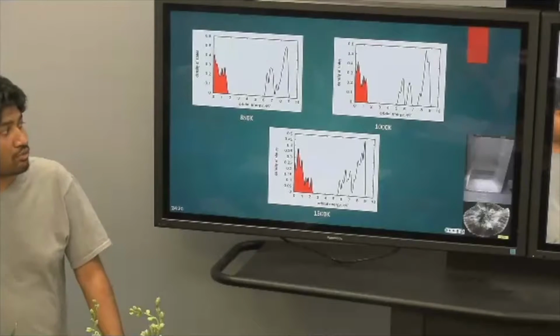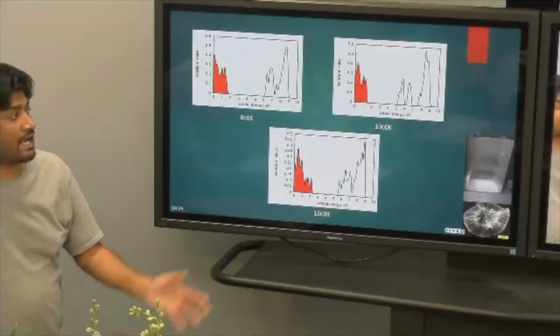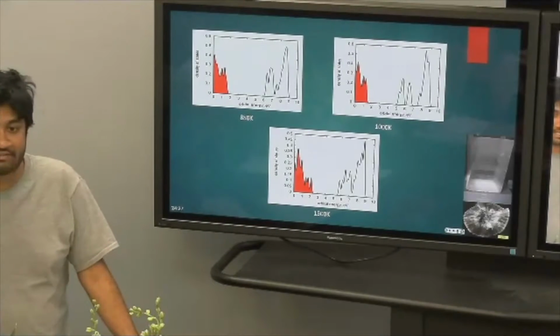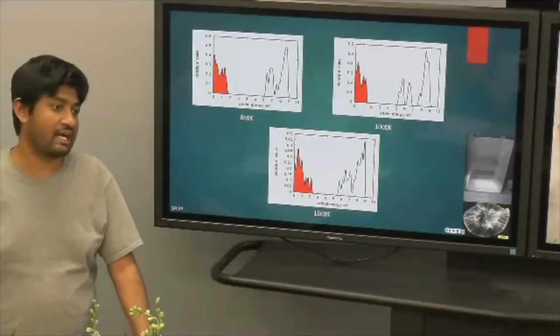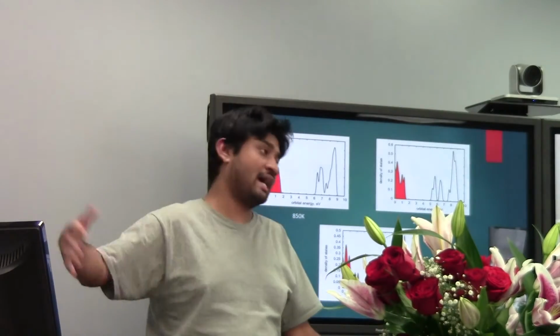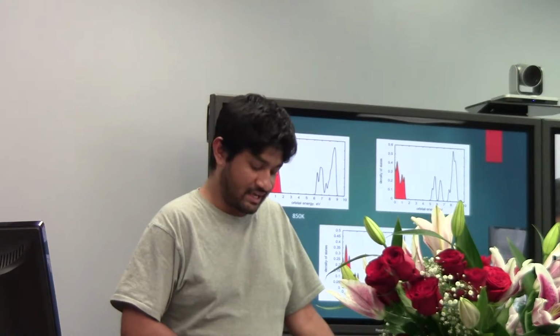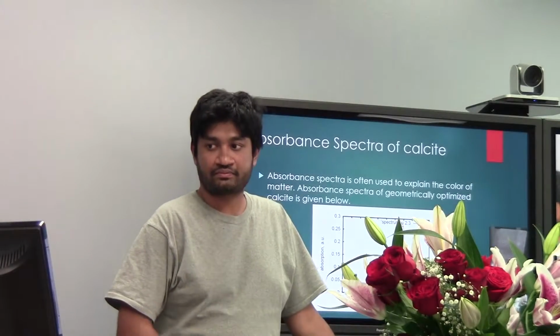Because the thermal decomposition of calcite completes at about 900 Kelvin, so after that, if the MD is done, you can find the significant HOMO-LUMO gap. And if you do the MD at higher temperatures, that energy gap is supposed to decrease.